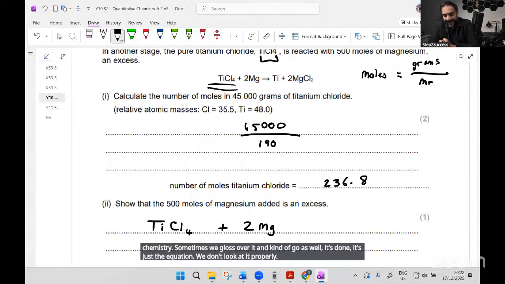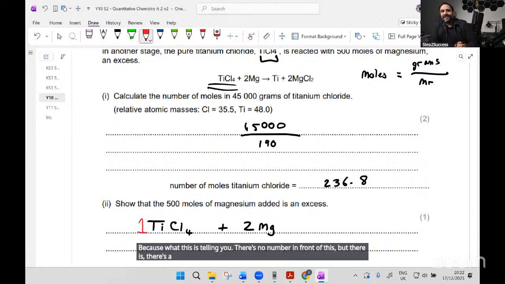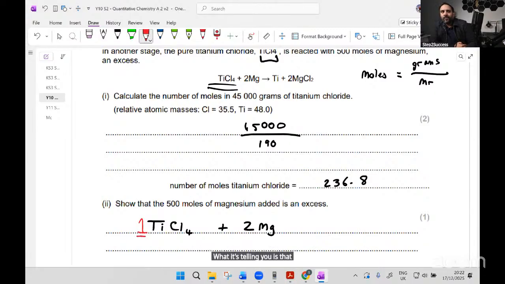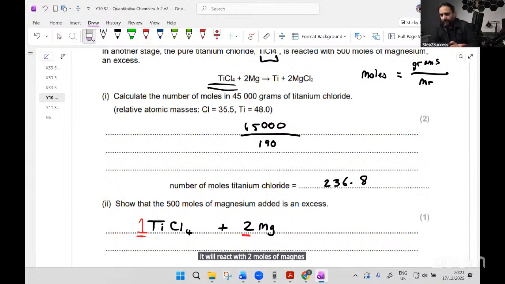But you need to understand how important this is when it comes to calculations. Because what this is telling you is, there's no number in front of this, but there's a 1 there. What it's telling you is that there is a 1 to 2 ratio in terms of the moles of what will react together here. So if I've got 1 mole of titanium chloride, it will react with 2 moles of magnesium.